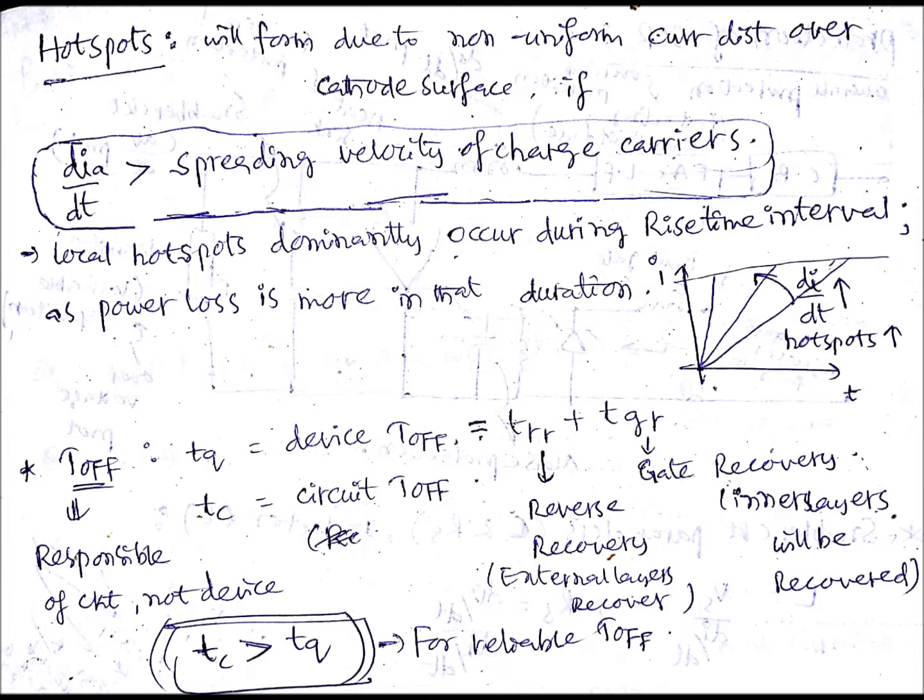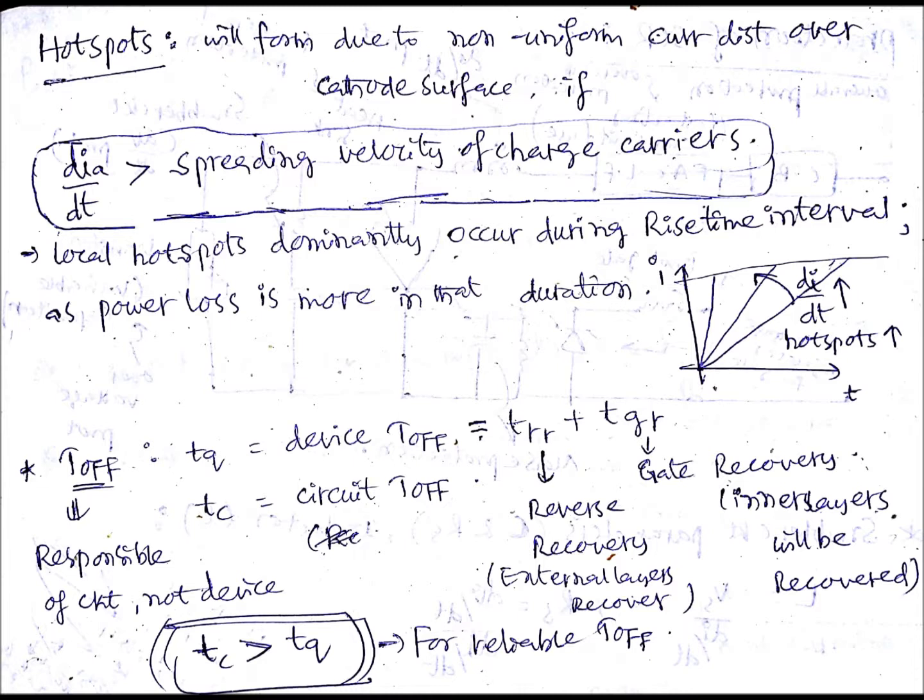Then coming to the turn off duration, there are basically two turn off times: one is device turn off time and another is circuit turn off time. Circuit turn off time is nothing but the time provided by the circuit to turn off the SCR.